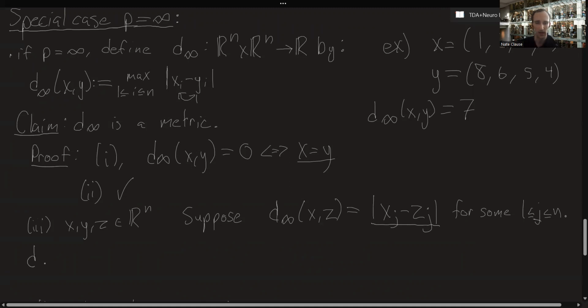From this, we have d infinity of x, z equals the absolute value of xj minus zj. Then from what we discussed earlier, this is less than or equal to the absolute value of xj minus yj plus the absolute value of yj minus zj.